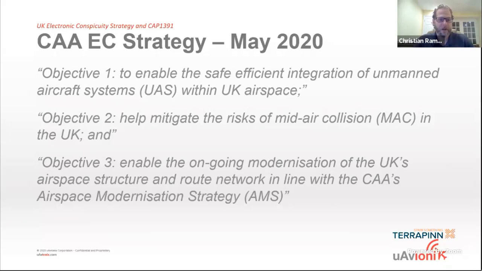The objectives of that electronic conspicuity strategy: one, to enable the safe and efficient integration of unmanned aircraft systems within the UK airspace. Right away, objective number one is not just about general aviation, it is about integration of drones in the airspace using electronic conspicuity. Two, help mitigate the risks of mid-air collision. If everyone is transmitting and receiving on common interoperable standards, then we can all see and avoid each other.